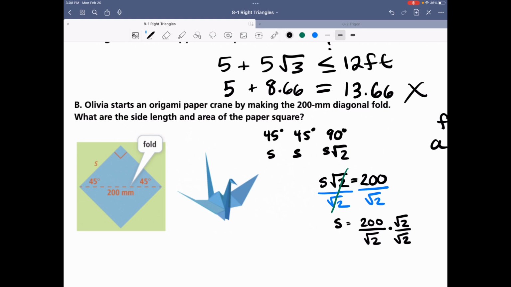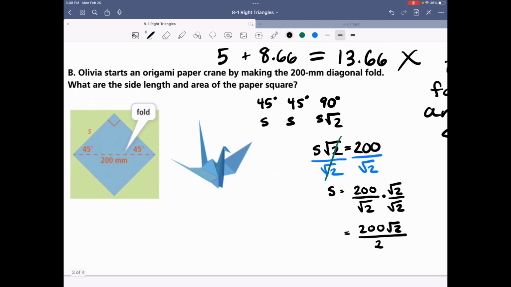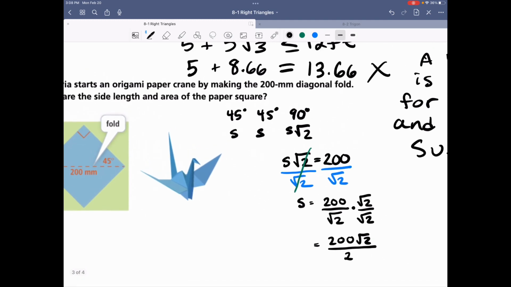All right, cool. So what ends up happening is that in the denominator, a square root of 2 and a square root of 2 is like a square root of 2 squared. So the radical goes away, leaving us with 200 square roots of 2, but in the denominator, we just have 2. And we can simplify that further because 200 divided by 2 is 100.